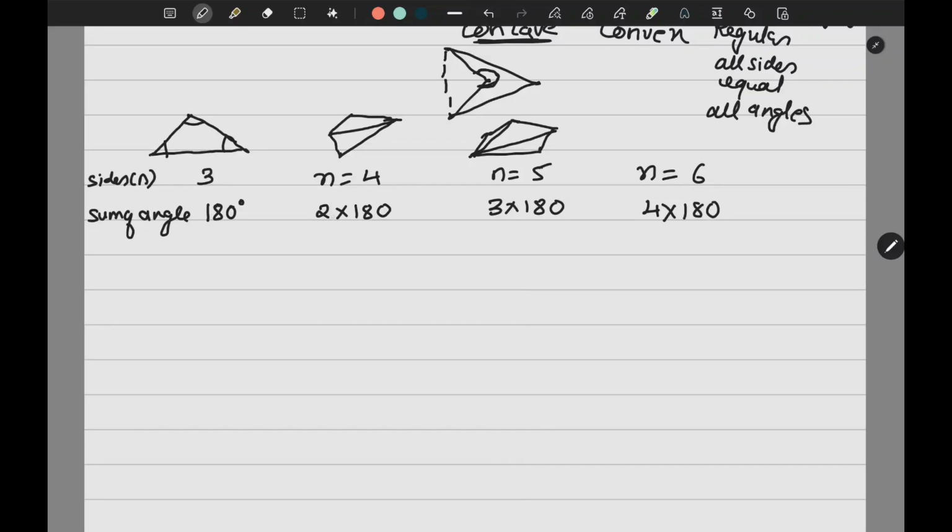Right. Now this 180 can be written as 2 into 90, because 90 is known as a right angle. And here, if you observe, this is 2.